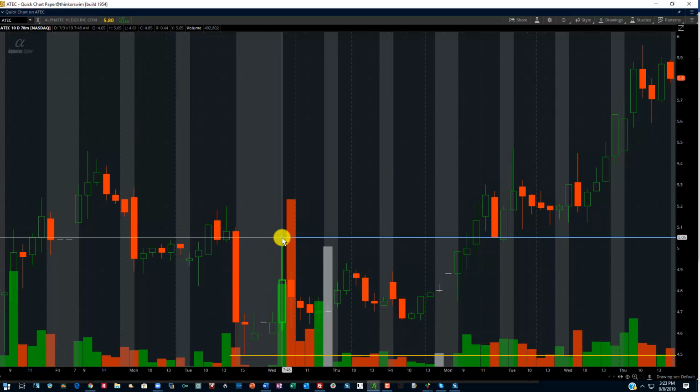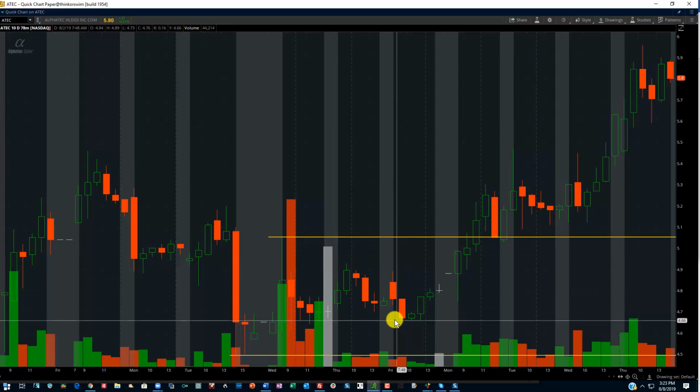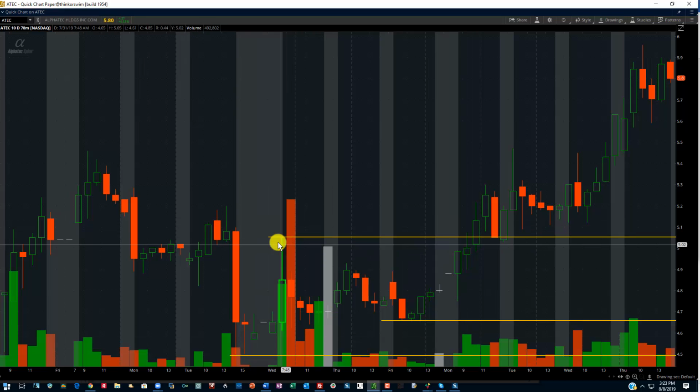It went up here. Here's a high. Then it came back down. This would be a higher low than this one. And then the breakout went past this one. This is where you want to consider getting in.